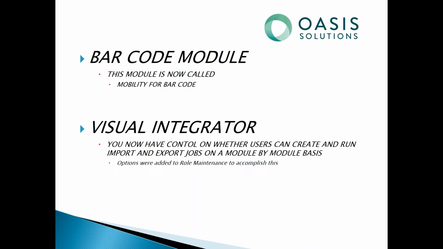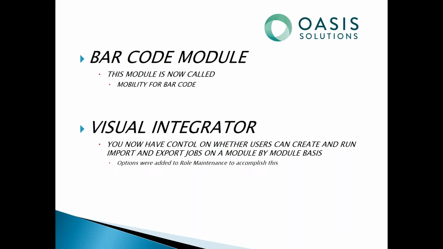Now you could restrict so that maybe someone in accounts payable needs to import in AP invoices, but you do not want them to have access to be able to export data from payroll. So options were added to the role maintenance to accomplish that. So that's another new feature.